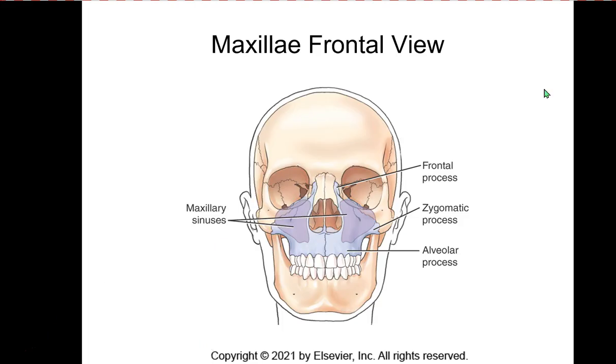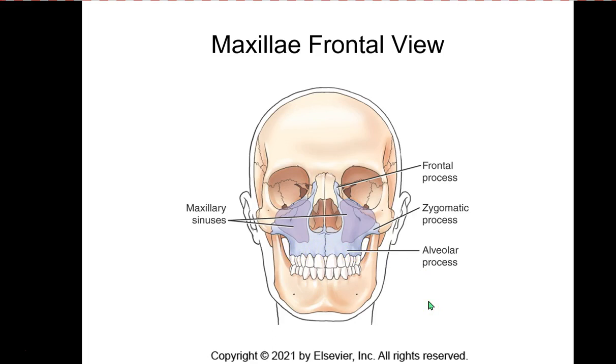So let's look at the frontal view of the maxilla for a minute. Here the maxilla is shaded in blue. You can again see the three processes that we just discussed. The frontal process that articulates with the frontal bone, the zygomatic process that articulates with the zygoma, and then of course the alveolar process which holds our teeth.